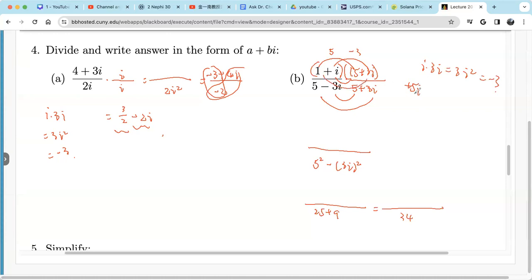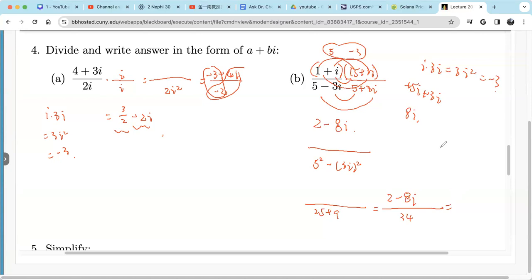Multiply these two, get 3i. We want to add those two like terms, so we get 8i. The real part is 5 minus 3, which is 2. The imaginary part is just 8i. Then all divided by 34. So 2 minus 8i divided by 34.